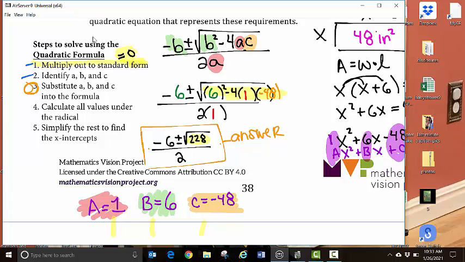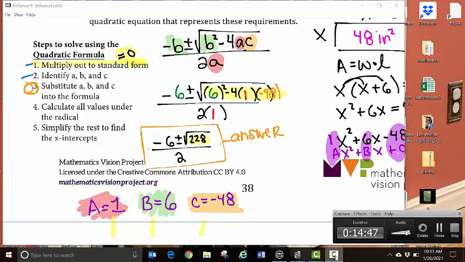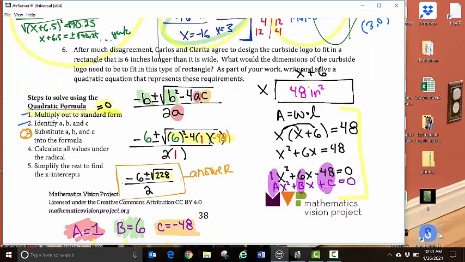Sorry, pause. This one, the answer is really negative 6 plus the square root of 228, divided by 2, and negative 6 minus the square root of 228, divided by 2.